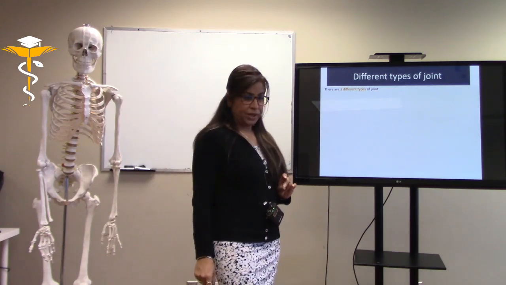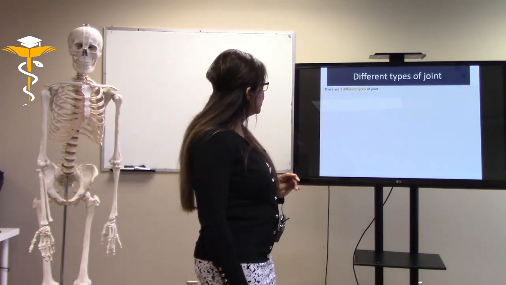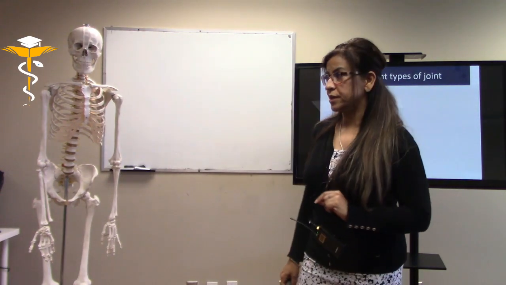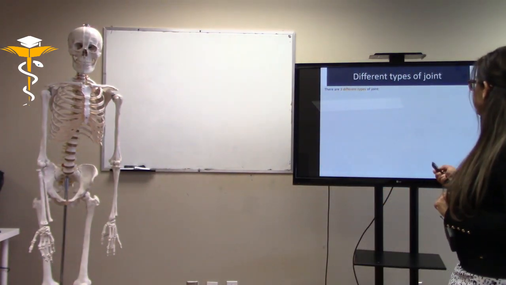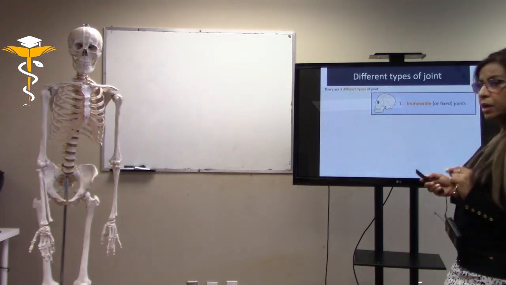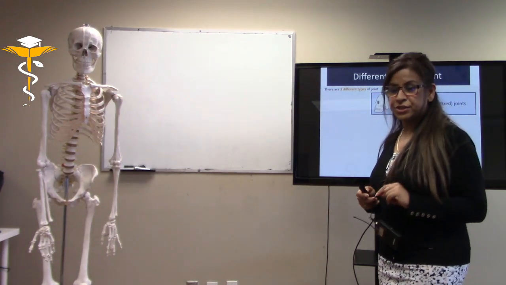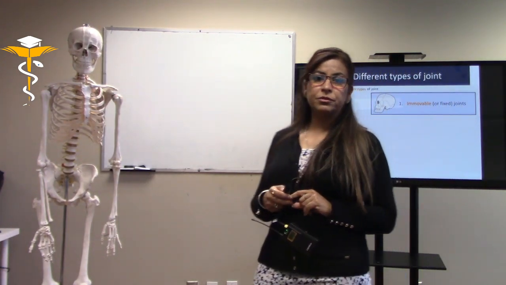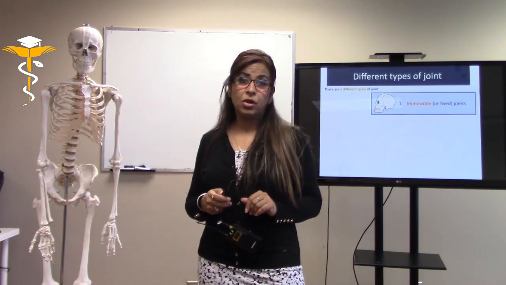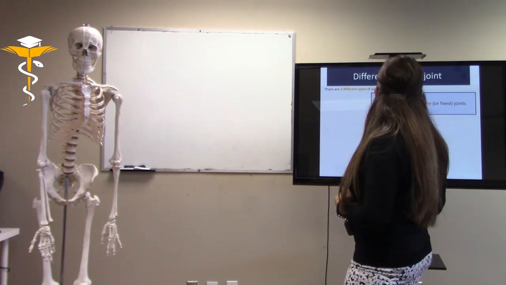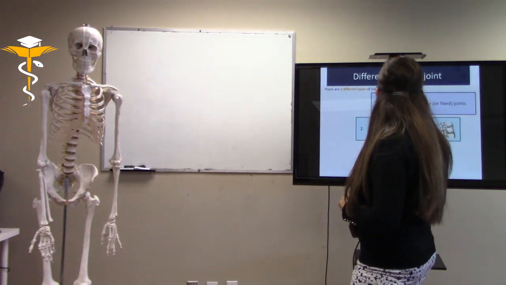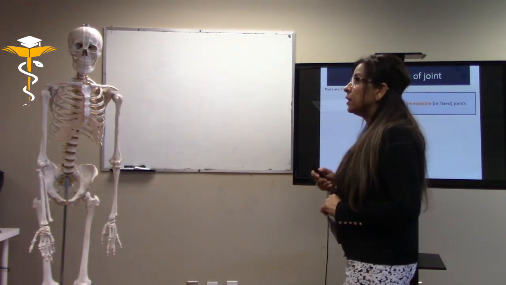There are actually 3 types of joints. So let's see what they are. Immovable or fixed joints are also called fibrous joints. Why are they called fibrous joints? Let's go back here.